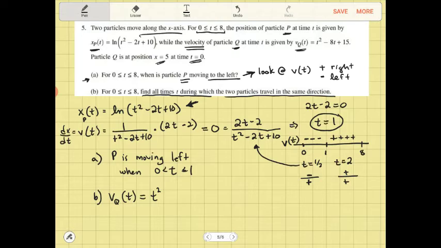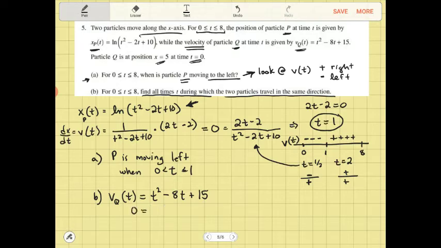And then we'll take a look at the number line for this particle's velocity and then for the previous one, and see when the particles have the same sign in the same region.